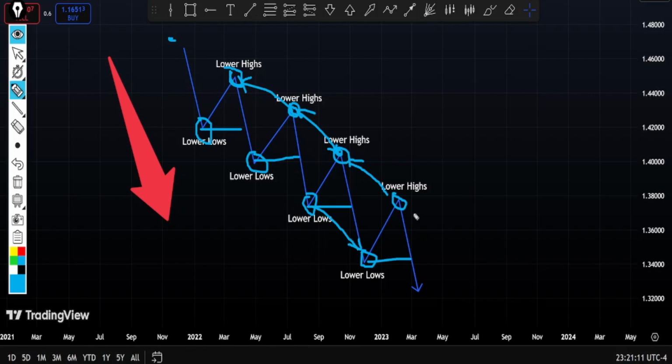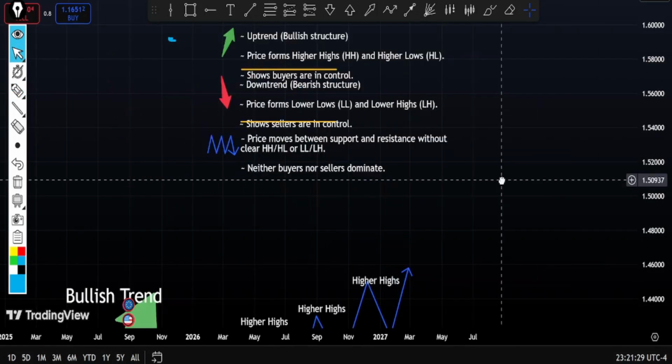Now let's look at the sideways market. If price moves between support and resistance without clear higher highs, higher lows, or lower lows, lower highs, neither buyers nor sellers dominate.